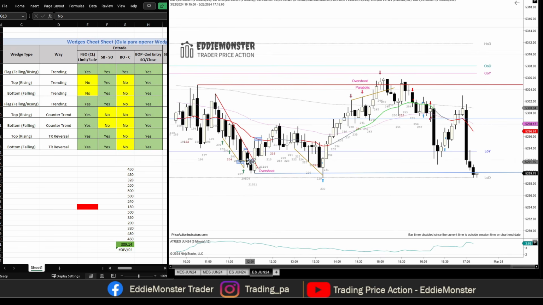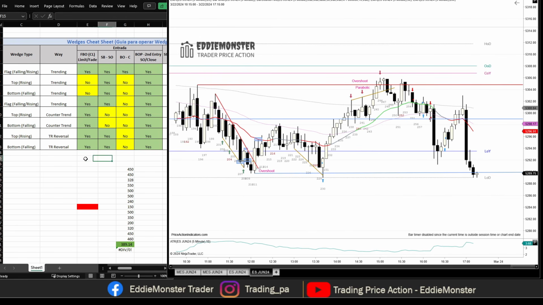This is mini. So you can buy here, that's the second entry, or you can buy above this bar. But never in a trading range buy the breakout, because you're going to have a bad risk reward equation.